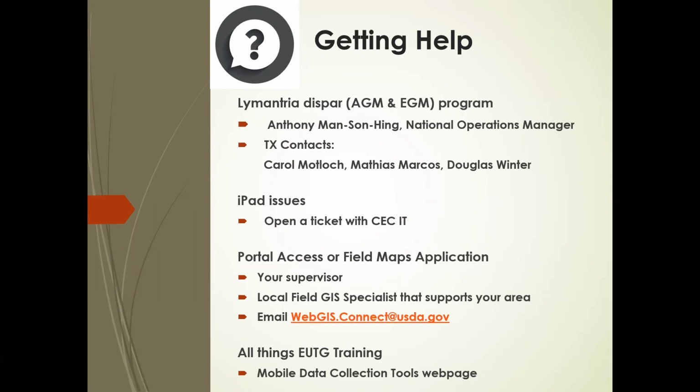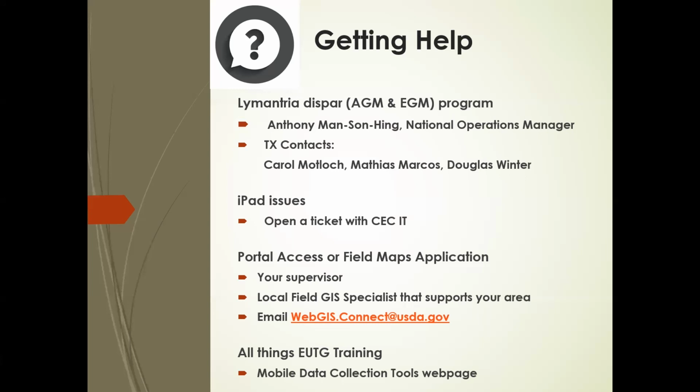You've got 3 Texas contacts. You have Carol Motlock, you've got Matthias Marcos, and Douglas Winter, all waiting to help you. And so if there's something I haven't covered, feel free to go to them. But also your supervisor has some options. If you go to your Texas contacts, they might send you this way too. But there is a local field GIS specialist, that's Douglas Winter, and he might reach out to others.